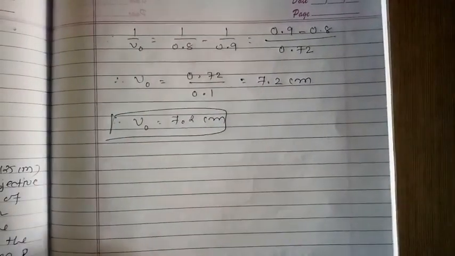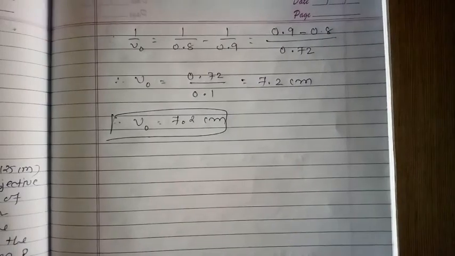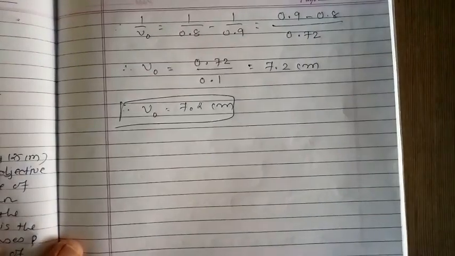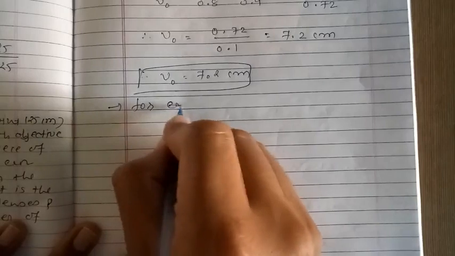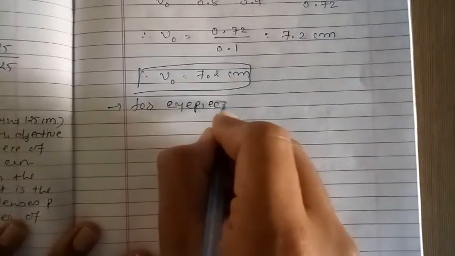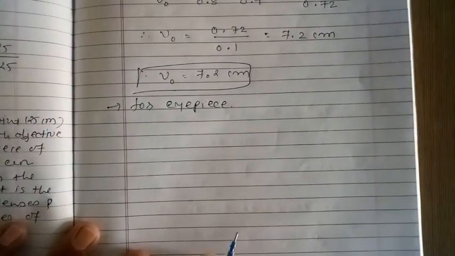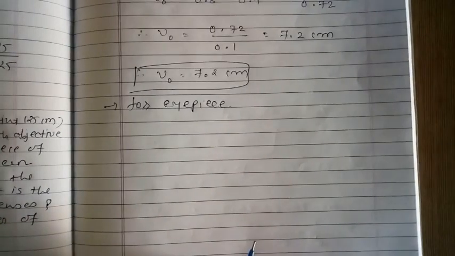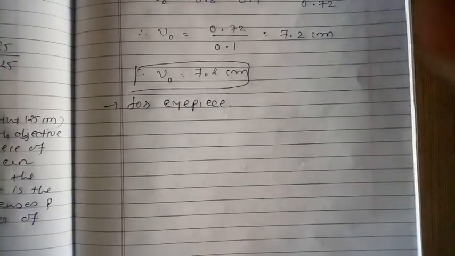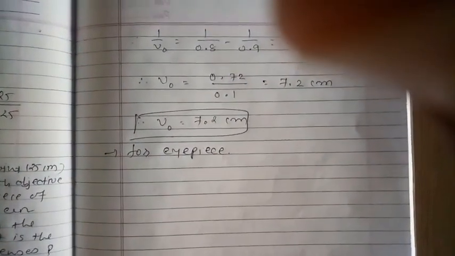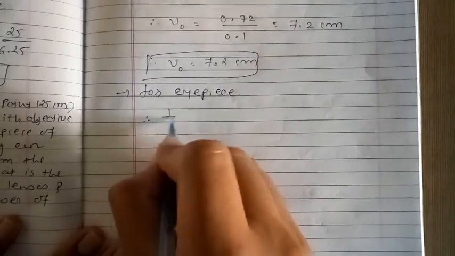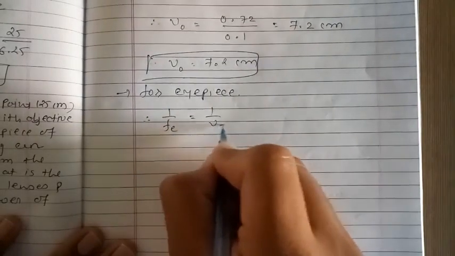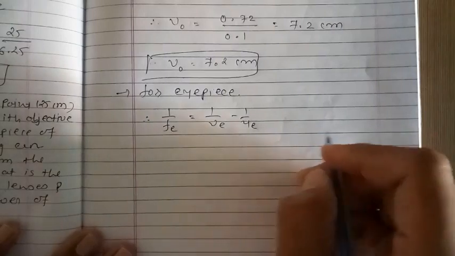Now we know the value of VO. Now we have to find out UE, the object distance from the eyepiece, right? So now for eyepiece, we know the formula 1 by FE is equal to 1 by VE minus 1 by UE, right?